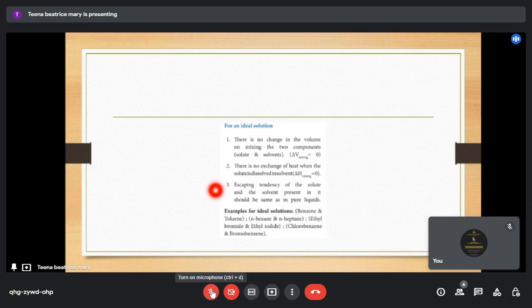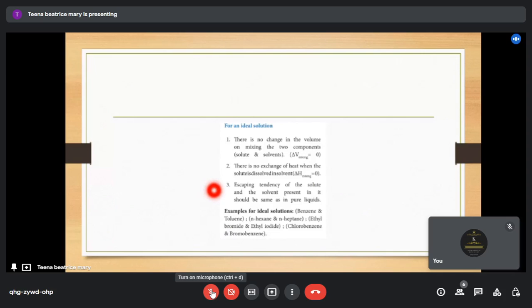The escaping tendency of the solute and solvent should be the same as in a pure liquid.